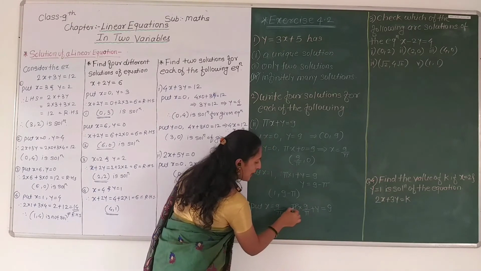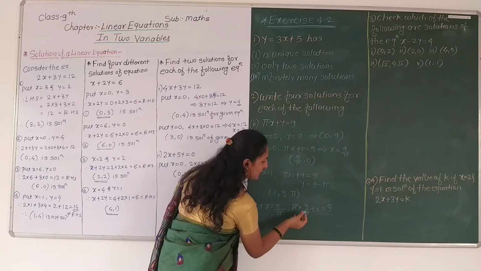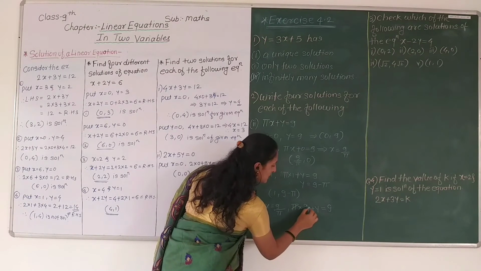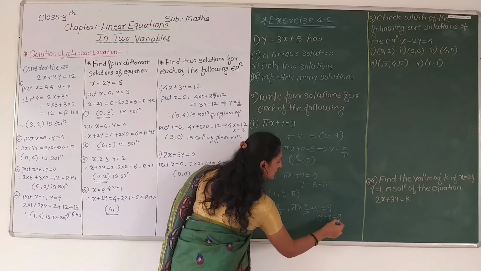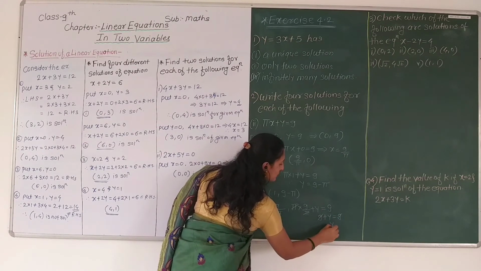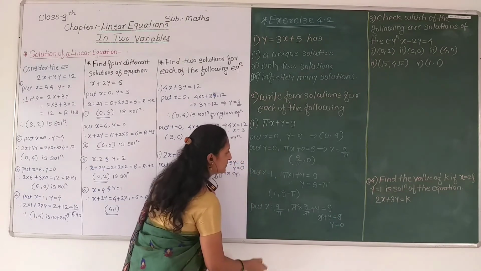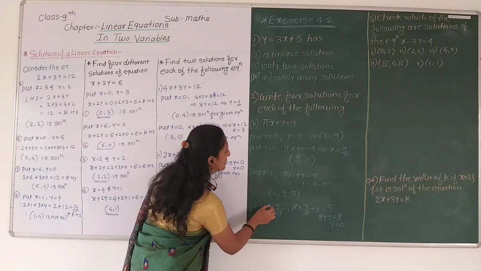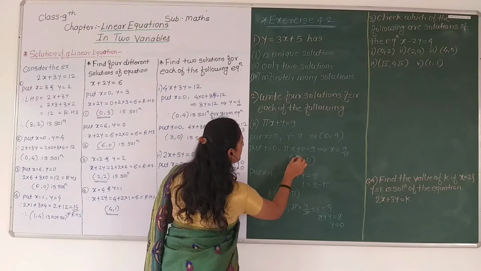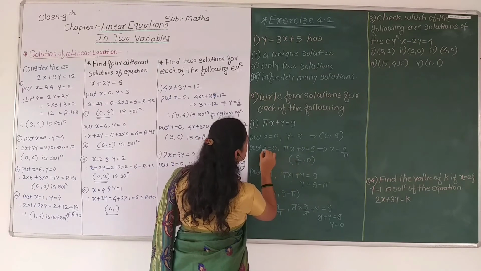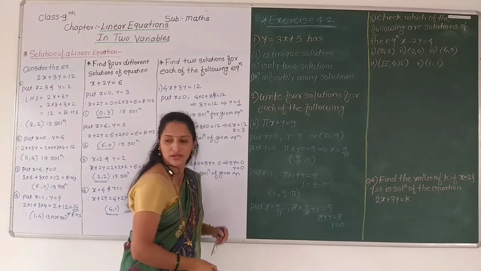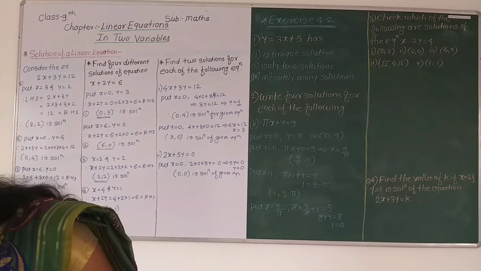So here pi and pi will cancel. We get 9 plus y is equal to 9. So here 9 and 9 also cancel. We get y is equal to 0. That means we get the same value as before, so we change the value here.